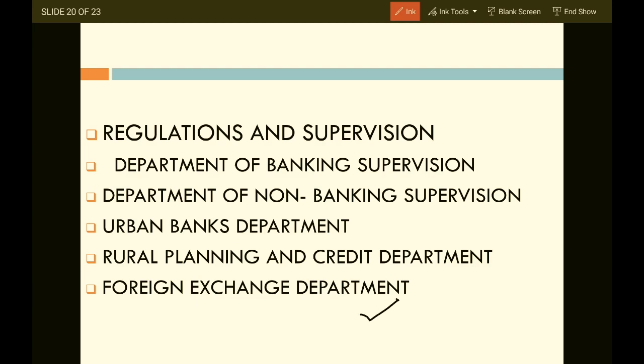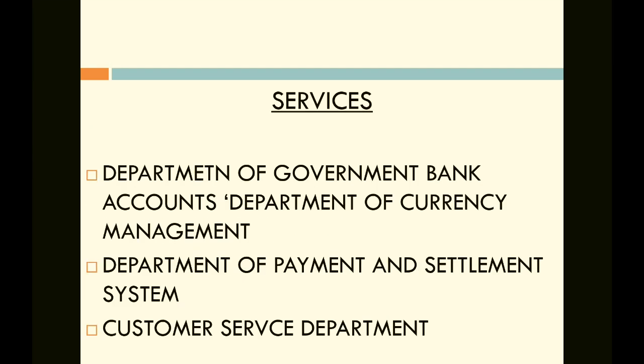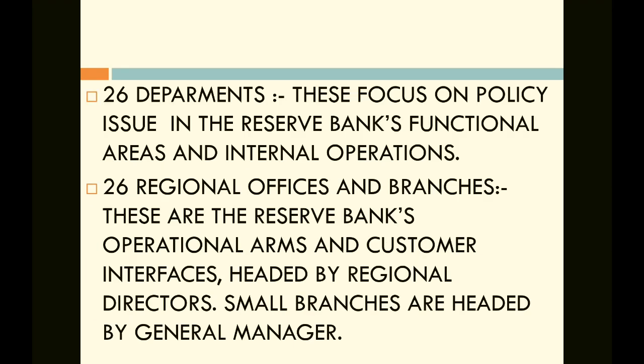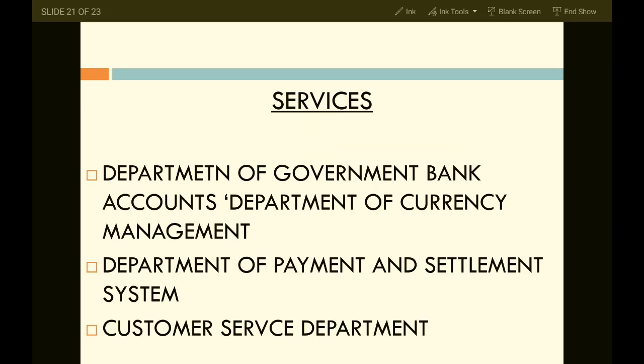Very important: if India is importing products from different countries, we need to pay in foreign currency. That is handled by the foreign exchange department in different currencies: dollar, pound, yen, euro. Now services, very important because a bank is related to services.